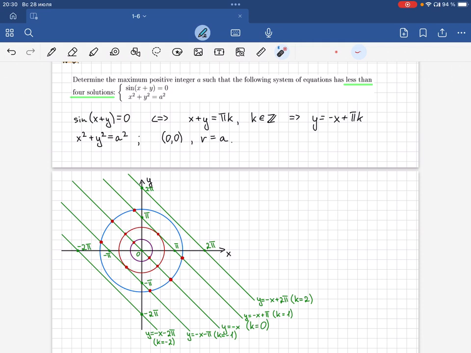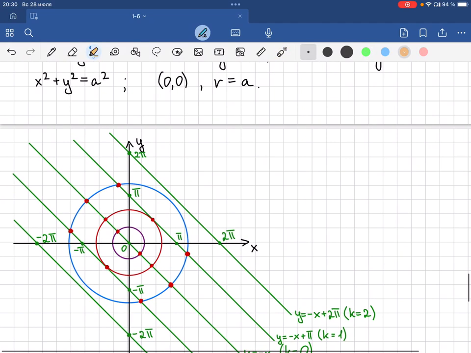But here we are interested in less than four solutions. So we have less than four solutions until this red circle right here. So let's focus on this particular triangle and find the radius a that corresponds to this red circle.